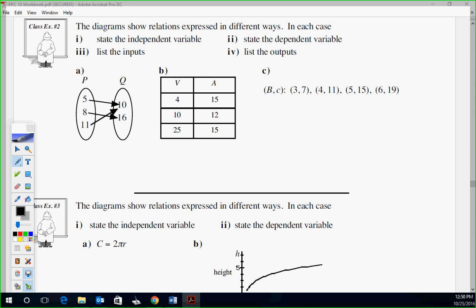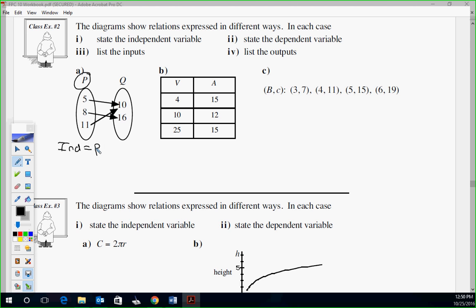Okay, so in A, Caleb, what's the independent variable? For A? Right, this group, right? So P is your independent. Okay, independent's P. So then what's your dependent?